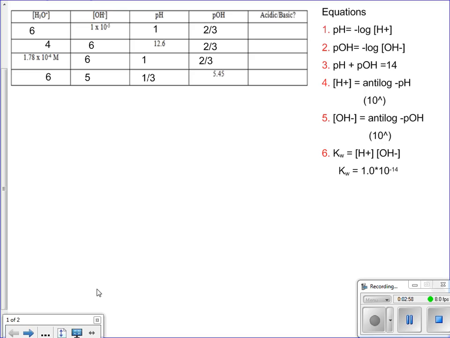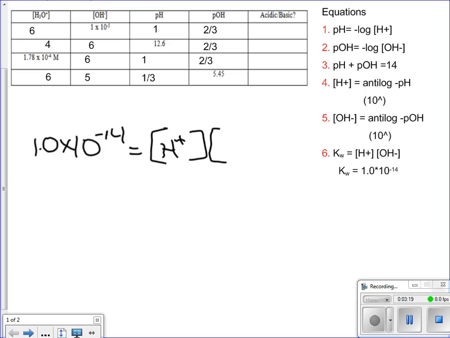And it's always going to be equal to the concentration of our acid times the concentration of our base. So for this very first problem, I'm going to start out with 1 times 10 to the negative 14 is equal to, we don't know what our H+ is, that's what we're going to have to solve for, times the concentration of OH-, which is 1 times 10 to the negative 5th.